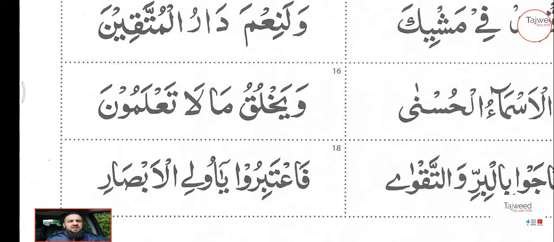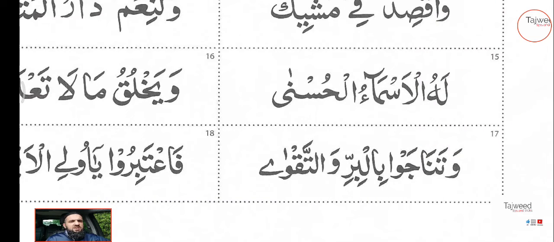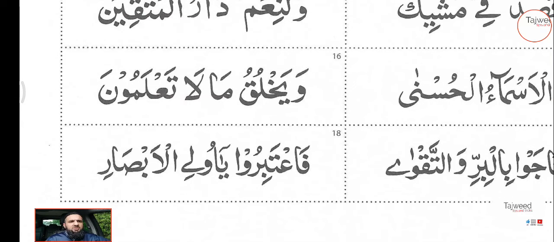Box 16, Ta'lamuna changes to Ta'lamun, because the fatha on the noon changes to a sukoon. So we're joining. Ta'lamun. That's it. Box number 17, Wattaqwa remains the same because of the standing fatha, just the same as if it was a waw with an alif and a fatha, it would stay the same, the sound.